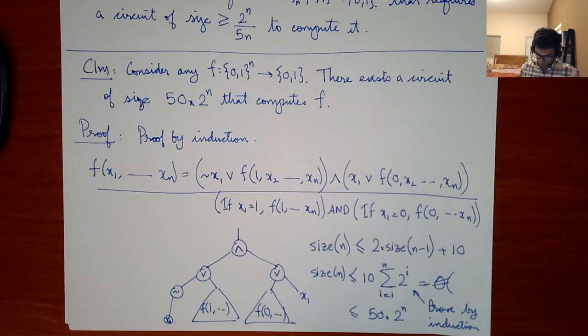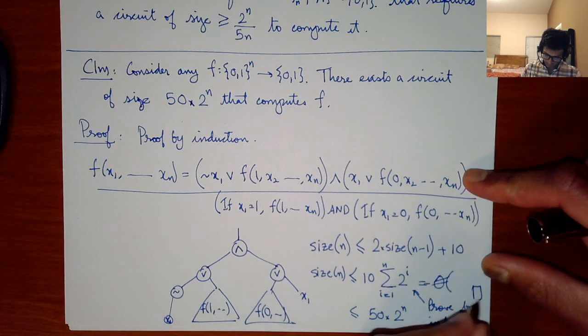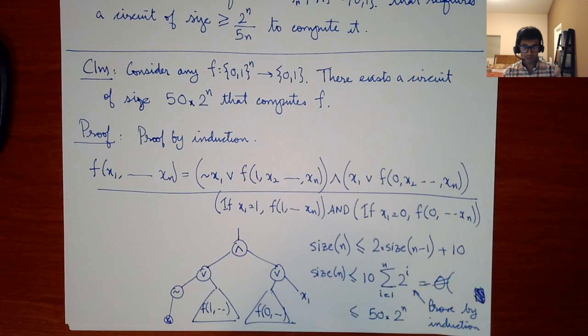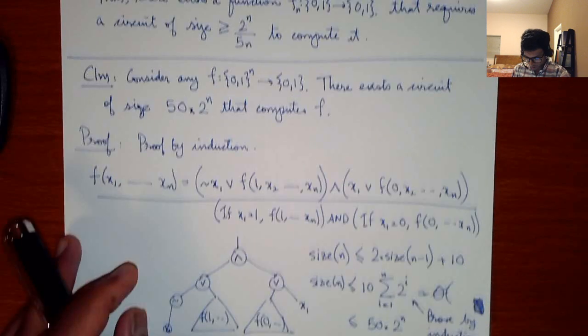So that's done. Now we've argued that there is actually a circuit of size 50 times 2 to the n that computes f. How are we going to beat this bound? Now we need to do a very clever construction. So let's think of this construction, but we don't want to go all the way to the end.